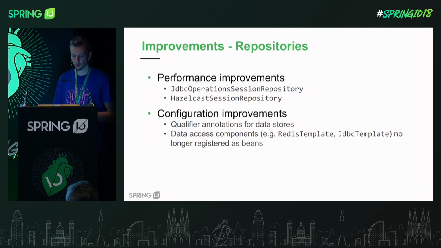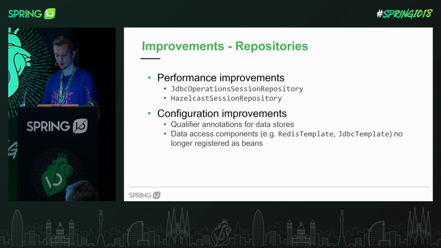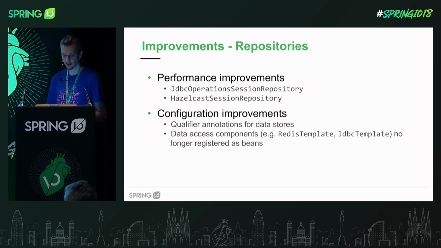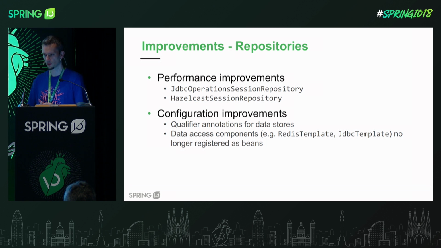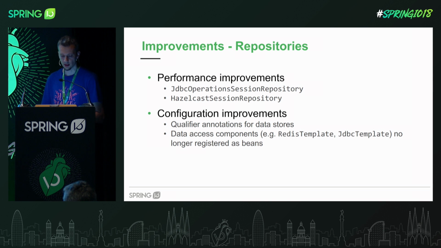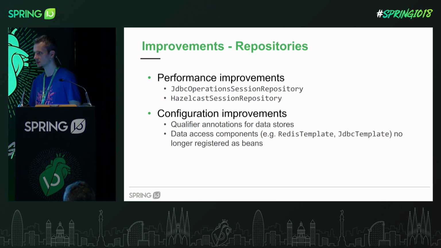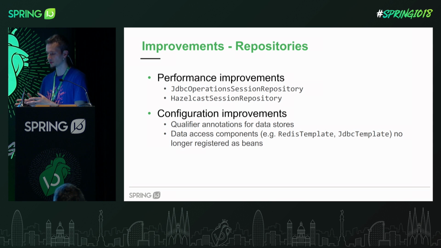We also provided support for some of the configuration scenarios that were presented to us by the community. Basically, we provided support for you to easily select the data store that you are interested in for the purpose of storing sessions.